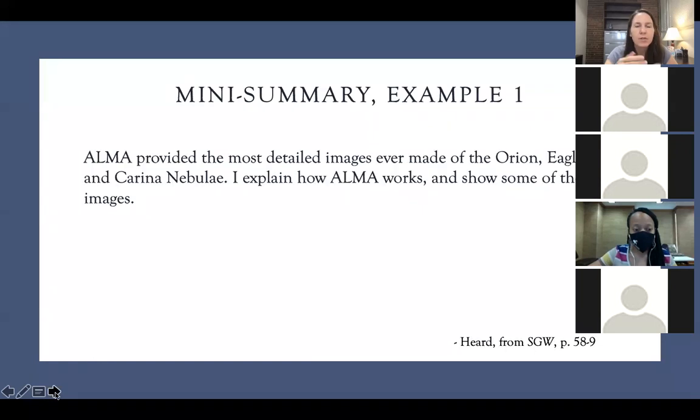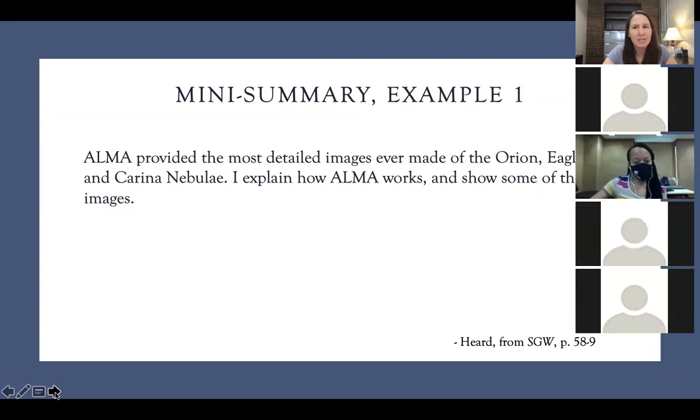So the first possible mini summary is something like this. ALMA provided the most detailed images ever made of the Orion, Eagle, and Carina nebulae. I explain how ALMA works and show some of the images. So the problem with this mini summary is that it focuses on the research that was done rather than on a question that was answered.